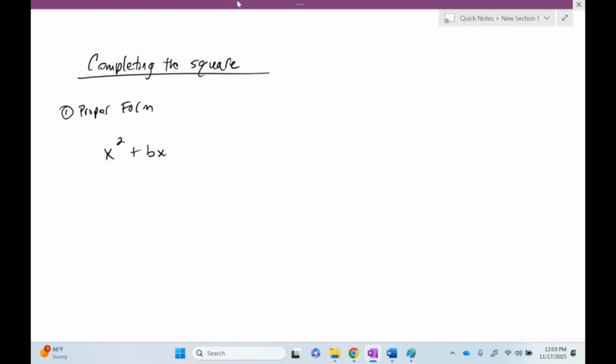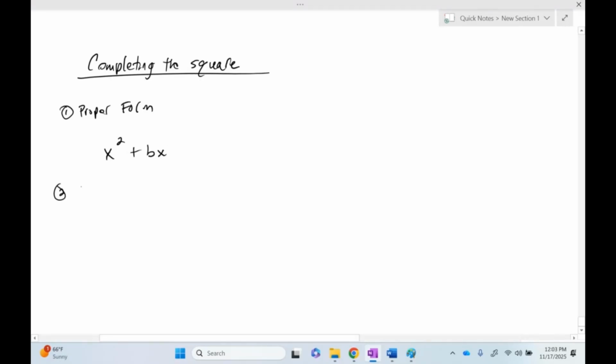So once you have the proper form, the next thing you can do is complete the square.